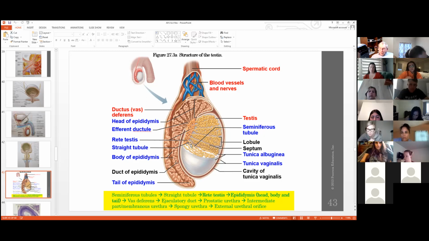The sperm cells move out through a long tubule that comes together and goes through the spermatic cord, and it's called the vas deferens. The vas deferens carries the sperm up to the urethra, where they're discharged through the penis.